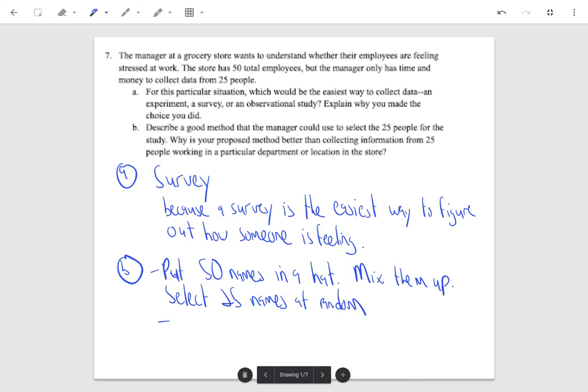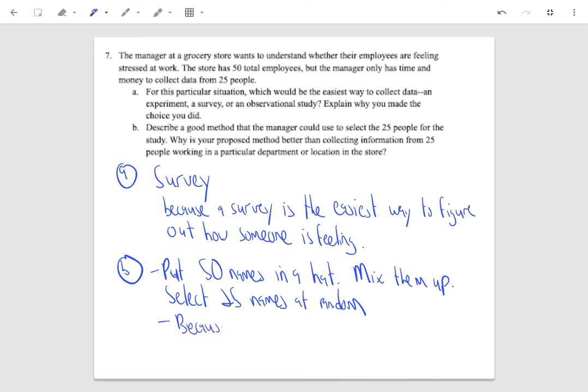The more random it is, the less bias the results will yield. If I only talk to people from one single department, is that likely going to be representative of the entire store as a whole? Probably not. Are the results likely to be biased? Yes. So why is my method better than this method?